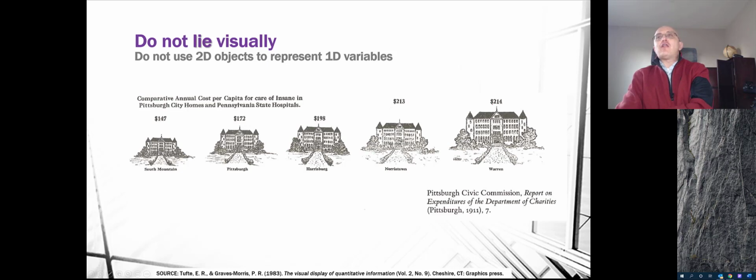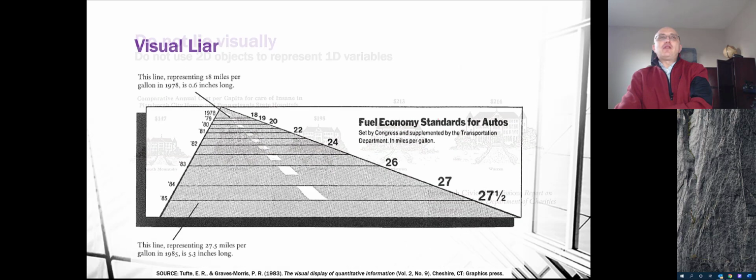It's $213 to $214. Now this is probably cost per capita, I guess. I don't know. So we're kind of lying. We're trying to stretch the truth to show the amount of money that we're spending in Warren. It really isn't that much more than Norristown, but visually we're trying to make it appear that way. So be careful not to lie with the data.